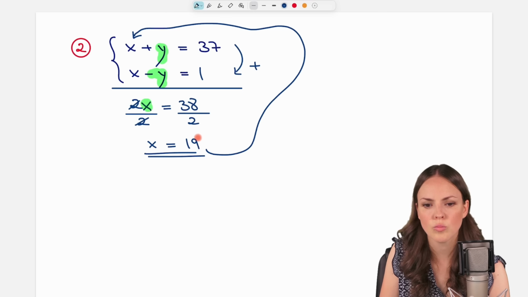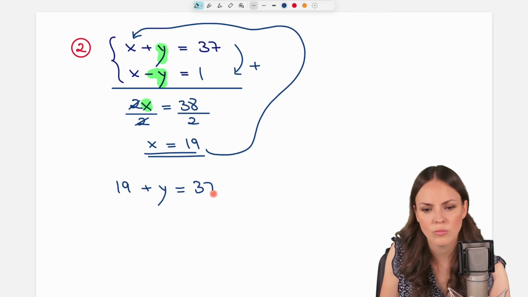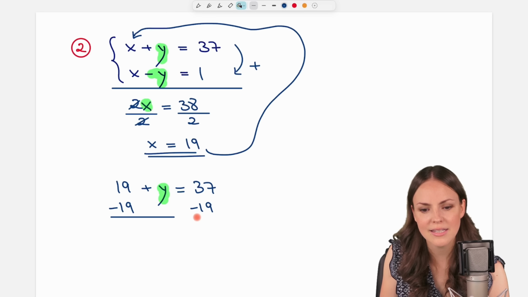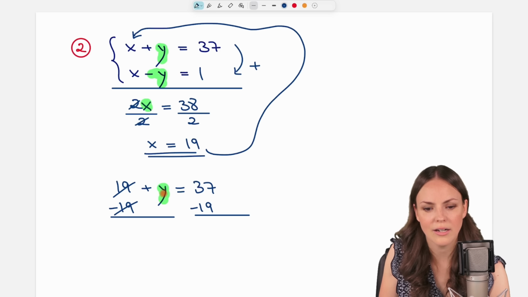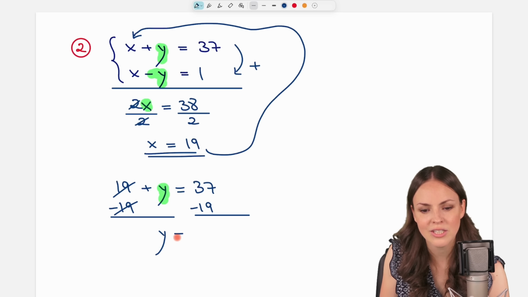So instead of the x, we have a 19 plus y, and this is equal to 37. To solve for y, let's get rid of the 19 again. We subtract 19 on both sides, so that this cancels out and the y is left. And here this time 37 minus 19 is equal to 18.